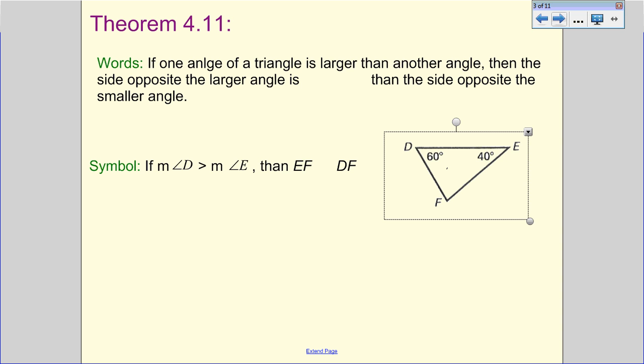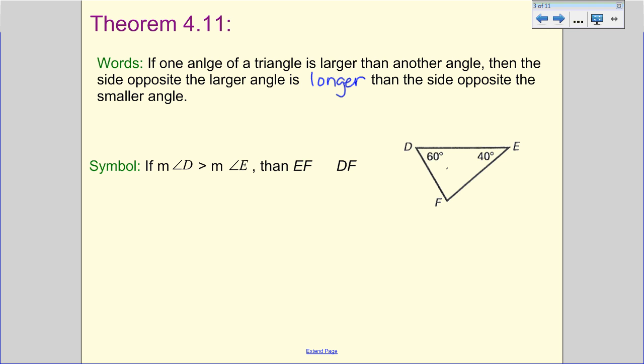And then for theorem 4.11, we kind of do the converse of that. If one angle of a triangle is larger than another angle, then the side opposite the larger angle is longer than the side opposite the smaller angle.